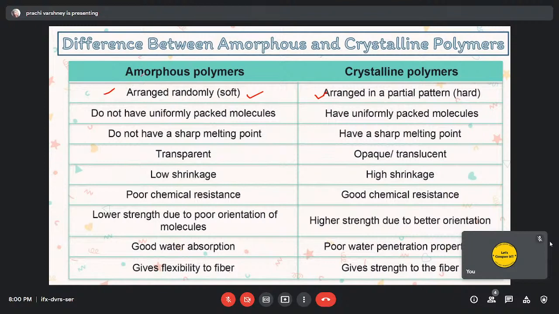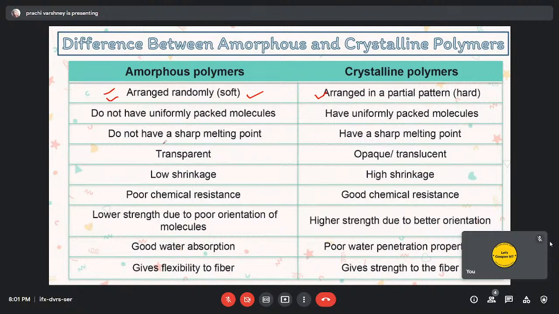Amorphous resin does not have any uniformly packed molecules because they are arranged in a random manner. In the exam, they can ask about properties of amorphous resin and crystalline resin, or they can take an example of any fiber and ask which one has more amorphous polymer or which one has more crystalline polymer.